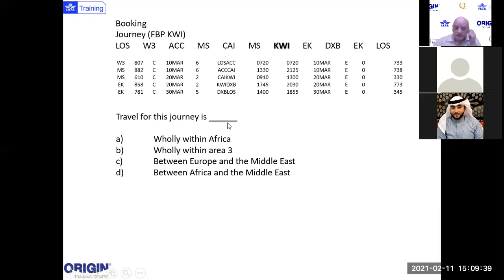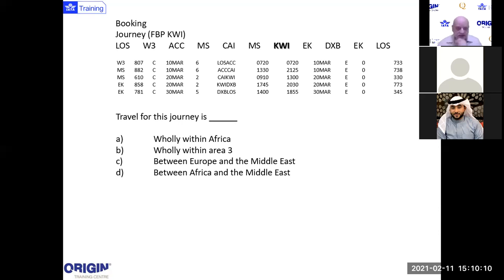So travel for this journey is, now this is a fare. So we're interested in TC1, sub-areas, and the groups that sub-areas form, not geography. So Cairo for geography is in Africa, but for fares and ticketing, it counts as where?